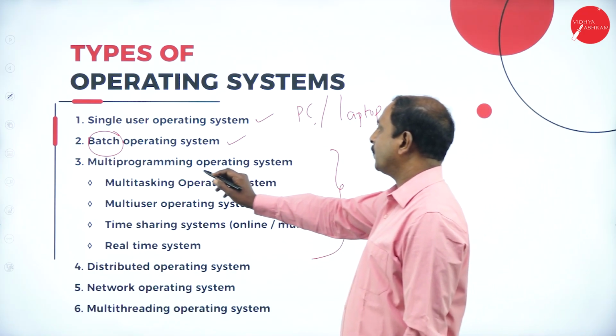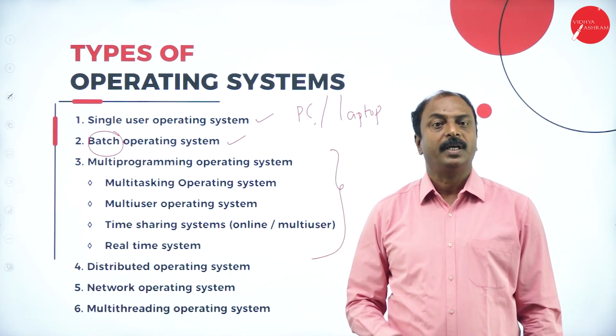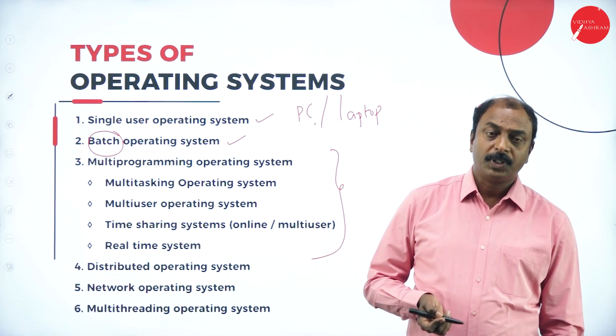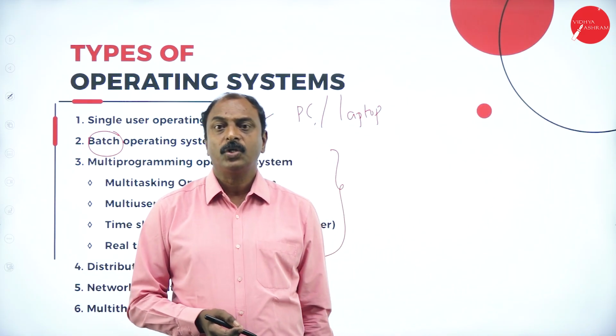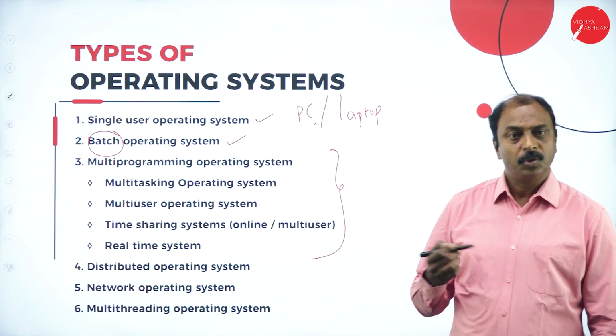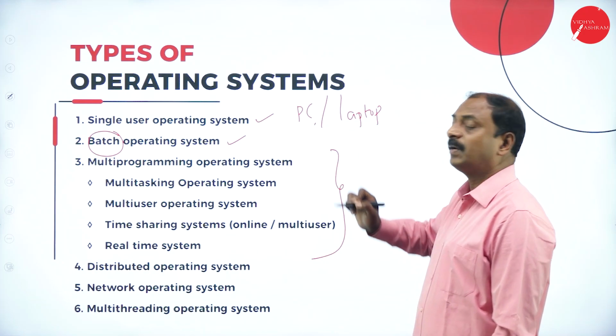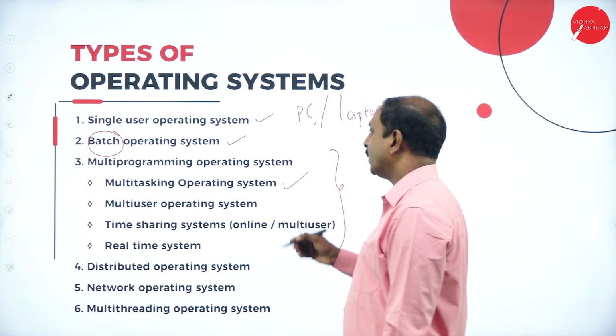So in a multi-programming operating system, if two programs are running, the computer gives CPU time to both the programs, program 1 and program 2. That is the multi-programming operating system.